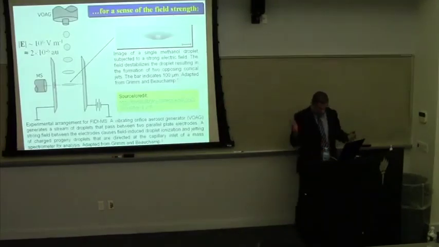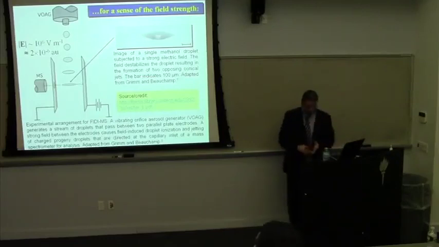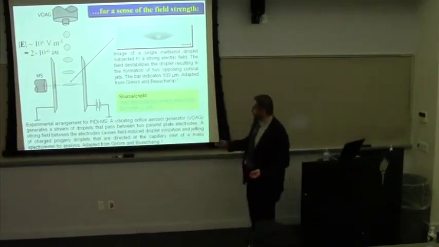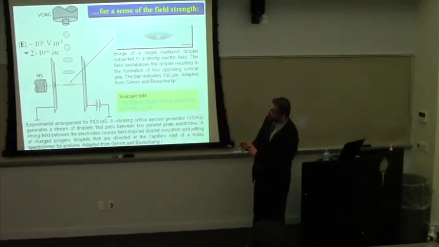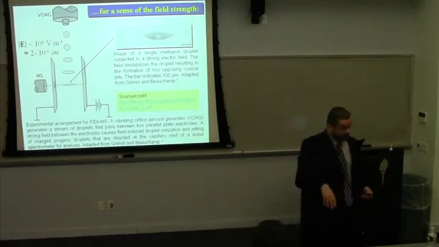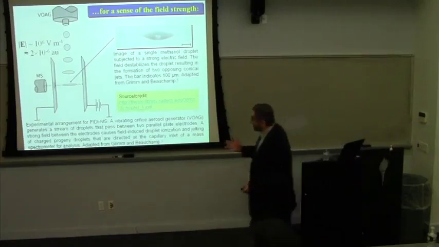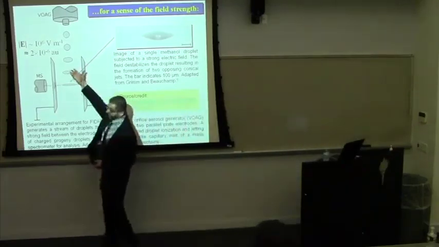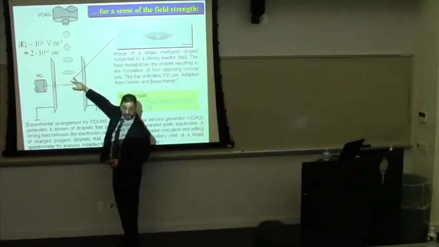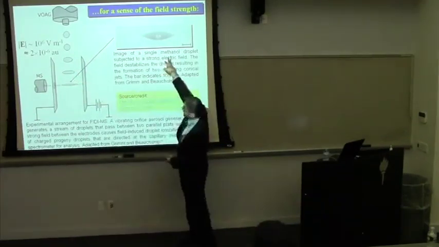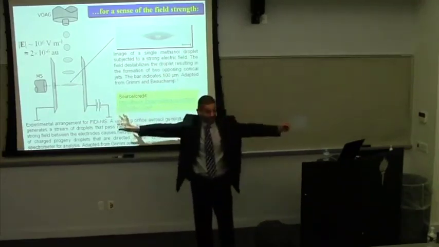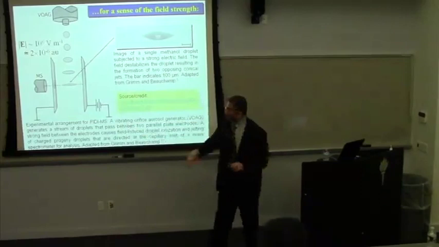So this is, for example, to give you a sense of it, an experiment whereby you fly a mist of methanol from this nozzle in between plates here, and the field between the plates is typically 10 to the 6 volts per meter, and the methanol droplets expand like this and start to eject ionized methanols from the sides.